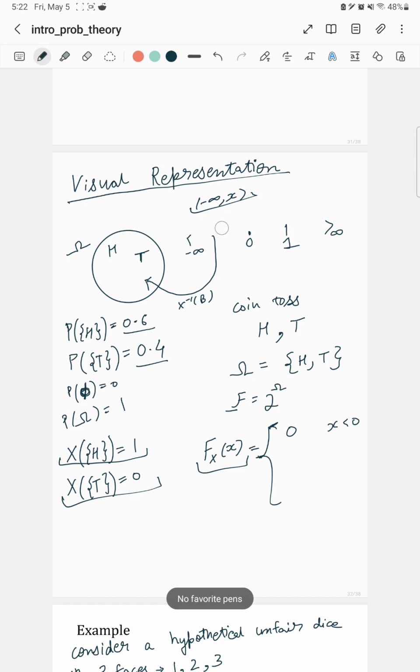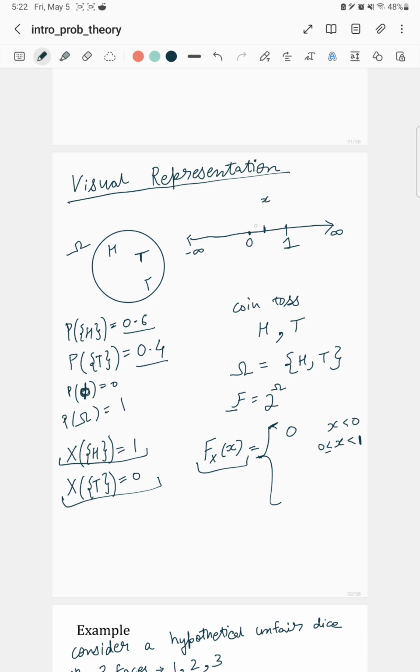Now let's take another case, where x is equal to 0. Let's define it in a better way: 0 less than or equal to x less than 1. So let's take a value x where x lies between 0 and 1, with an open interval at 1.